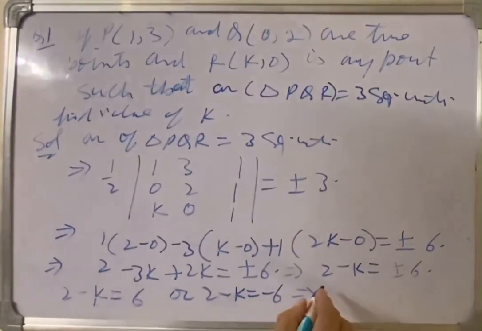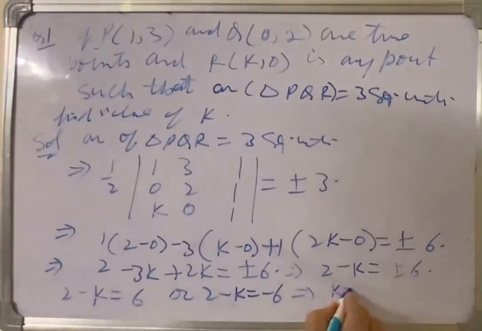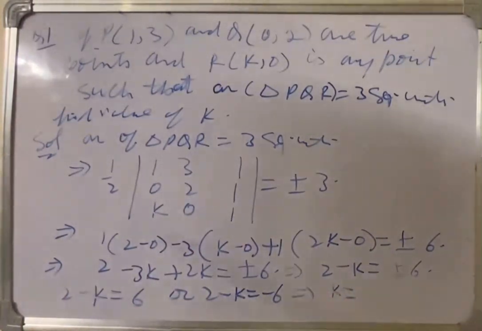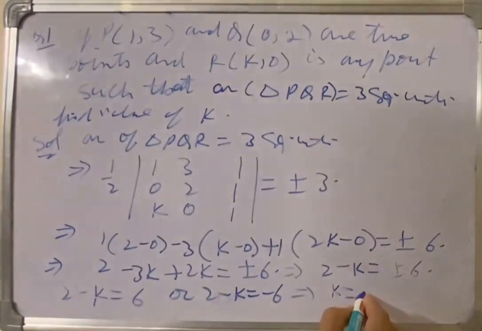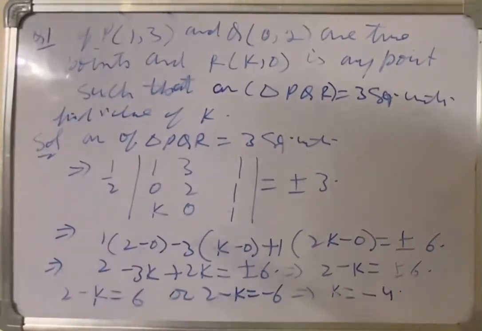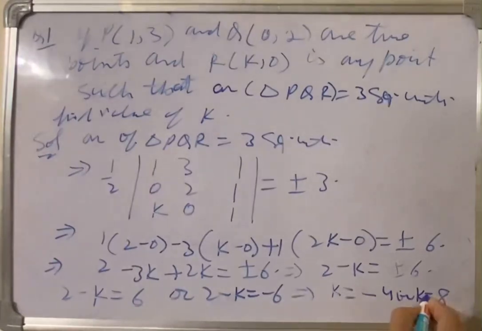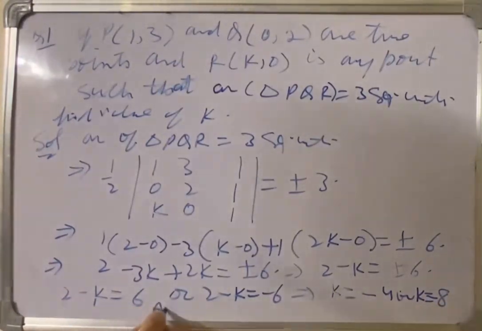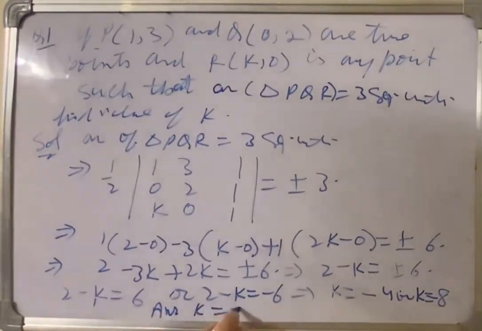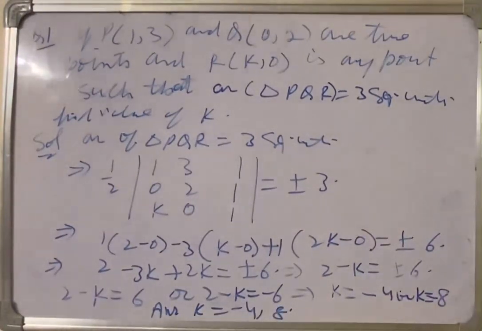Therefore, K is equal to minus 4, or K is equal to 8. So the answer is K is equal to minus 4, 8. Next question.